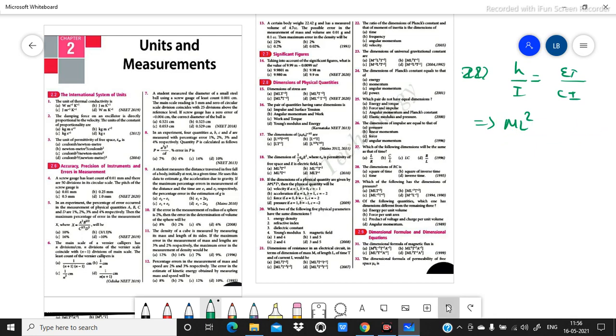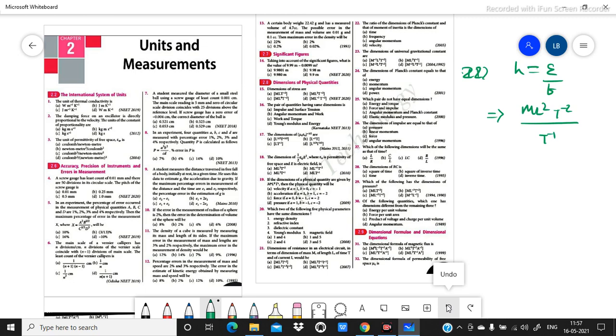Planck's constant is h. So it is given, number 24, Planck's constant. So Planck's constant is nothing but energy by frequency. You can also write E lambda or E upon F, lambda equal to C by F. So energy upon frequency is Planck's constant, which is nothing but M L2 T minus 2 divided by T minus 1.